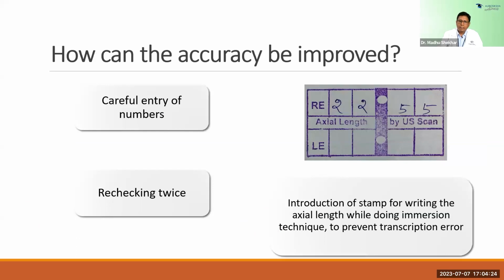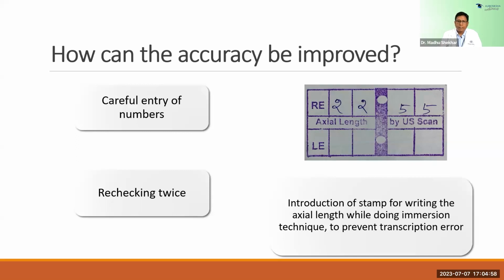As Shivkumar sir also discussed, how do we reduce this transcription error? When we are transcribing from one machine to another machine, if you are doing axial length with immersion and then transferring data to the optical biometer, then you can use this type of stamp, or you can write in the sheet about that axial length, and then transfer the data looking at it, instead of just remembering that data and then writing it in the optical biometer.